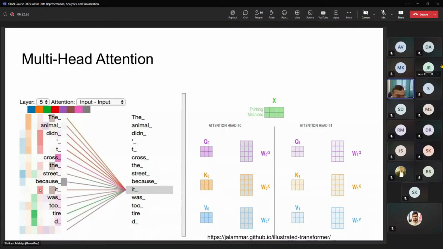For any word, suppose it is attending to animal. Because we have eight heads, there will be eight vectors. Ultimately they will be aggregated into only one, but you can see how the multi-head attention criteria is applied like this.